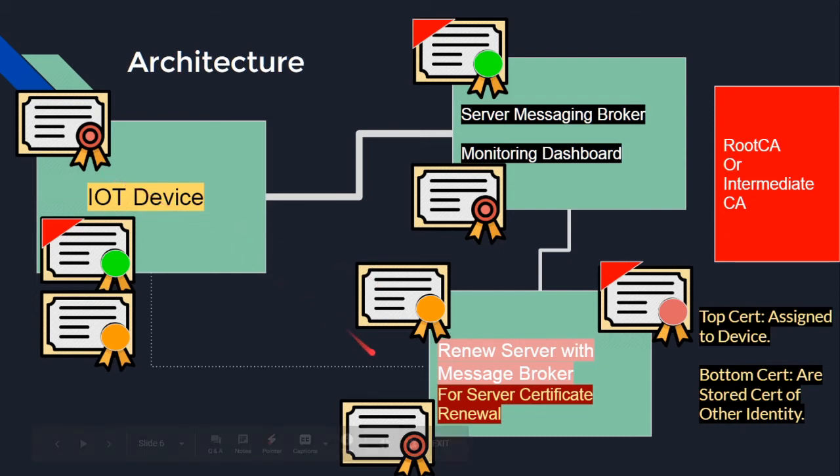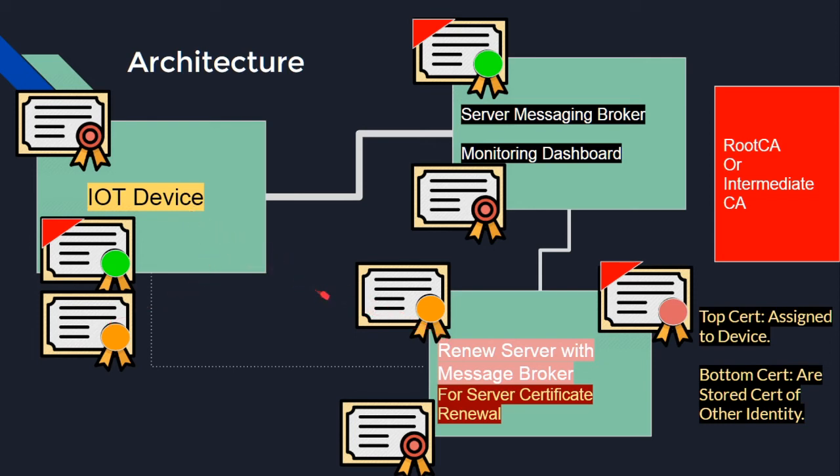How this is done is that first the IoT device sends its public key to the renew server, and the renew server checks the IoT device's public key via this certificate that has been stored in the renew server. Then the renew server sends its public key back to the IoT device, and the IoT device validates that public key of the renew server via this self-sign certificate.